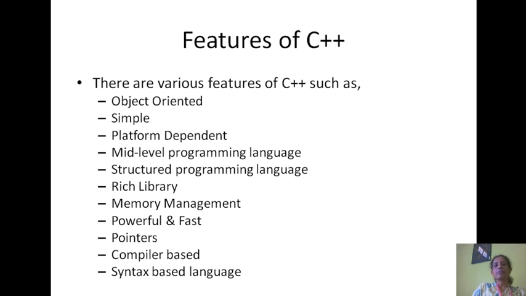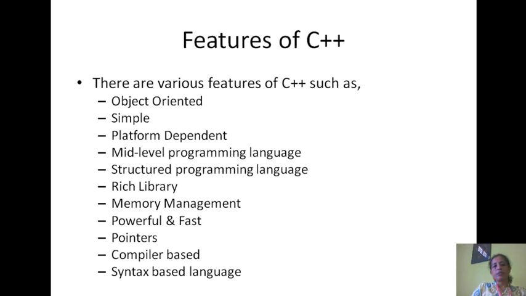It is a very simple programming language, and it is platform dependent. Every machine can have a different platform or operating system, so in different operating systems we get some differences in writing C++.